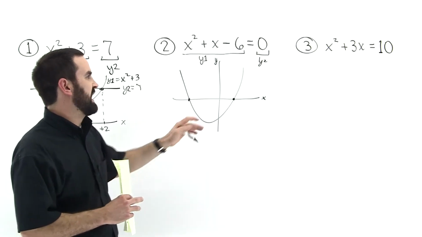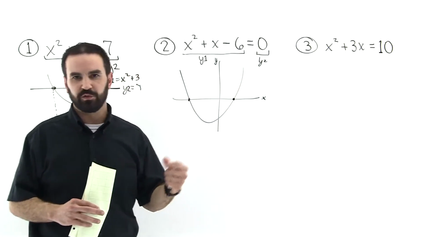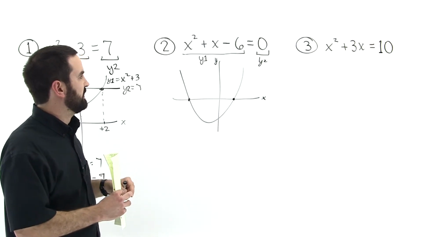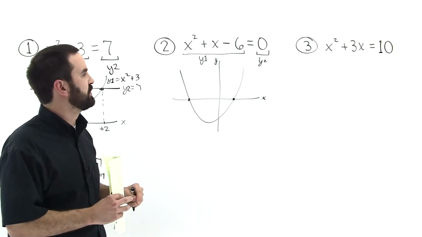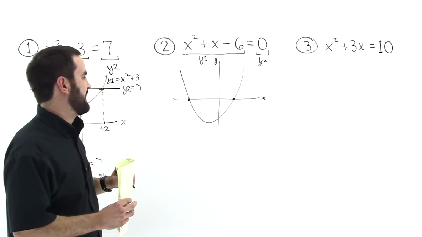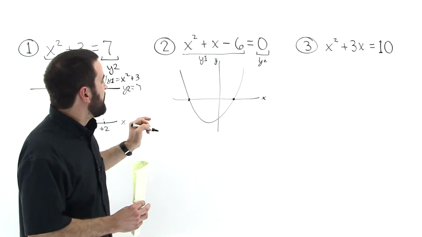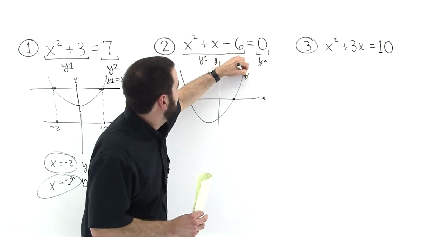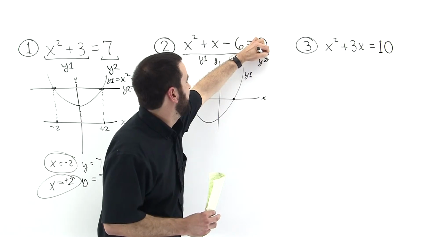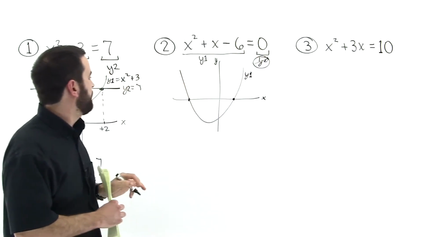To save you the time of typing in y2 equals 0 and then using the intersection function, it's just as easy to use the zero function rather than the intersection function. Your calculator could do it just fine, though. And so this would be y1. Again, we don't have to plot y2. This is not necessary, right?